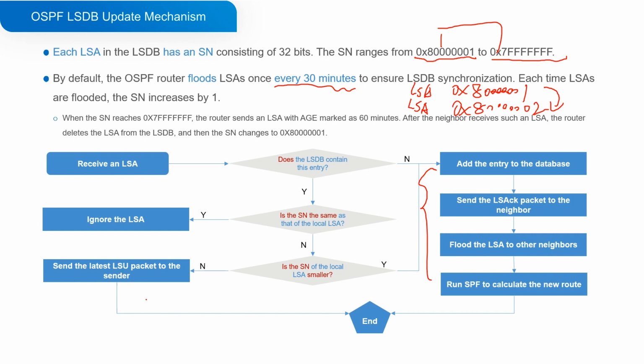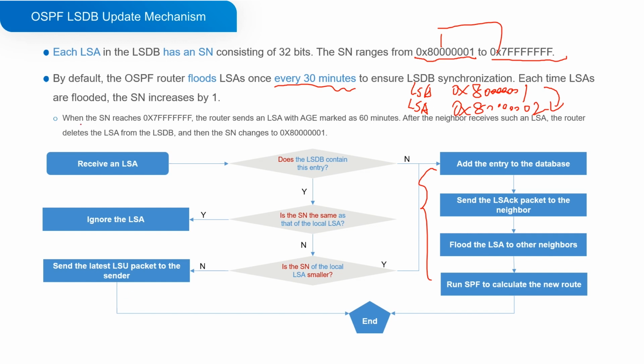It means I have the newest RSA information, so I send the RSAU packet to help you update the RSA information, so that you can add the newest RSA into your database, send the RSACK packet to me, flood the RSA information to your neighbors, and then run the SPF algorithm to calculate the new routes and generate the newest routing table. So this is the OSPF RSDB update mechanism.